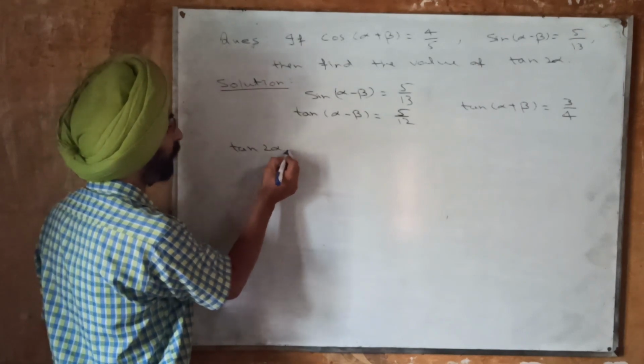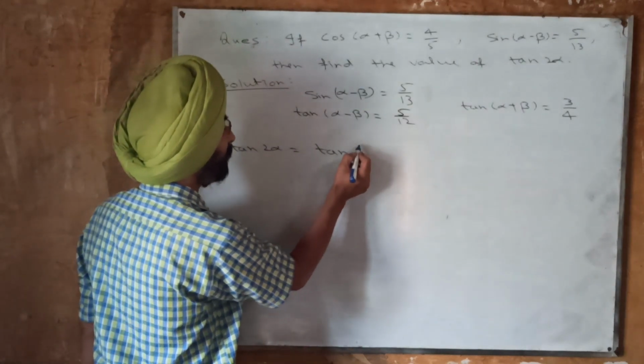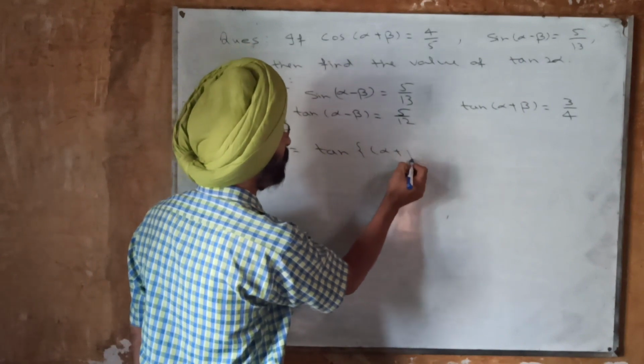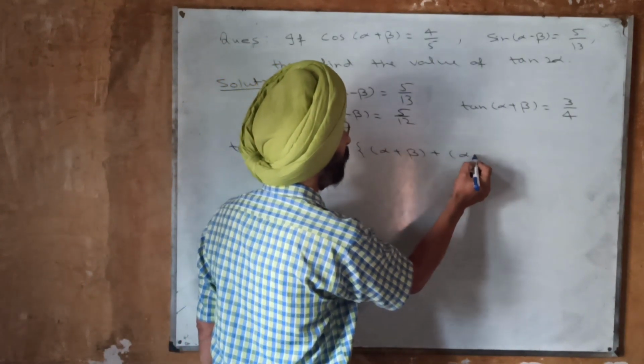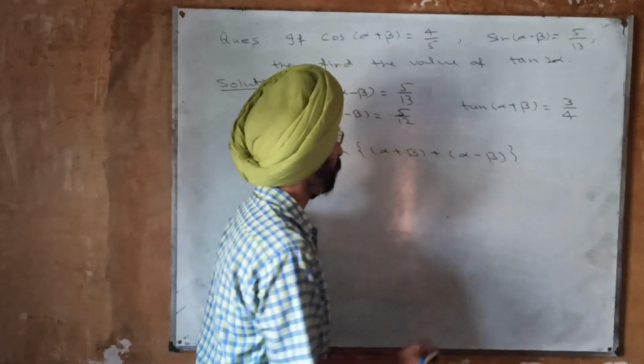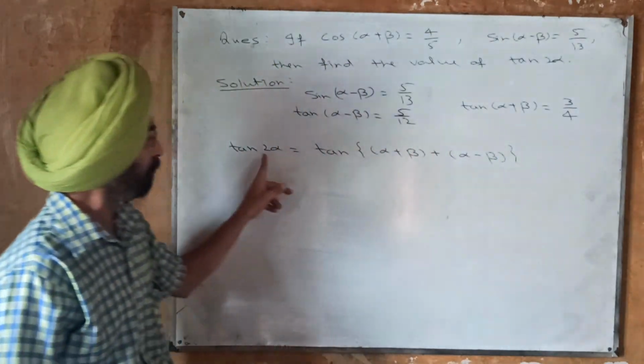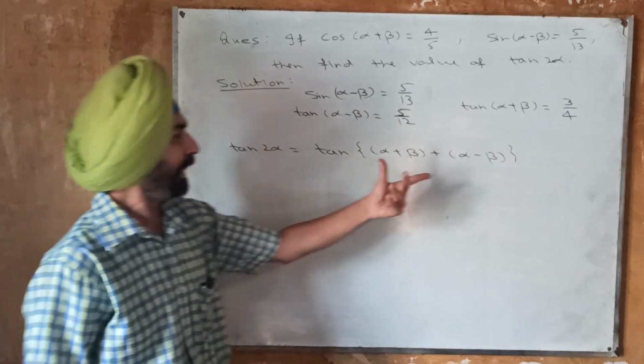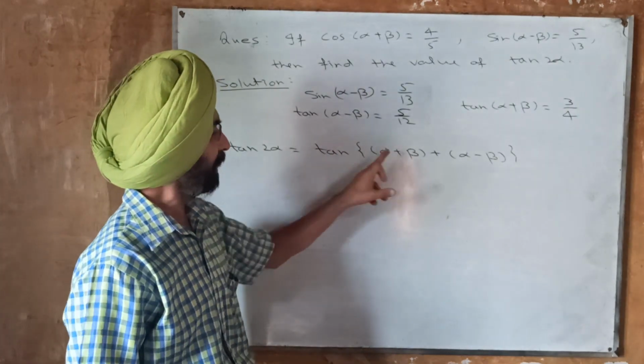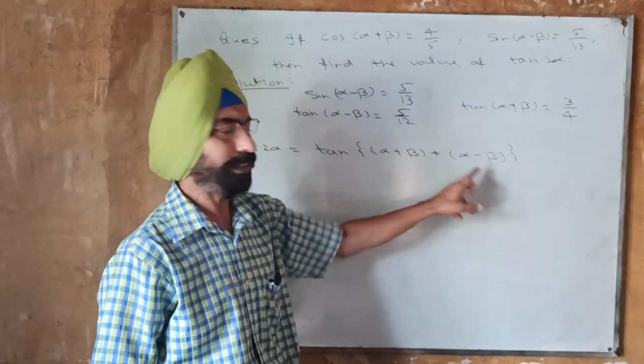This tan 2 alpha, I can write it as tan of (alpha plus beta) plus (alpha minus beta), because plus beta and minus beta will be cancelled and alpha plus alpha will become 2 alpha. Here we can apply tan(x plus y).